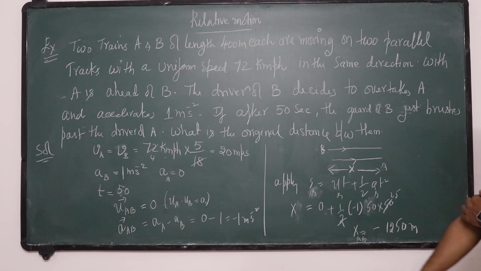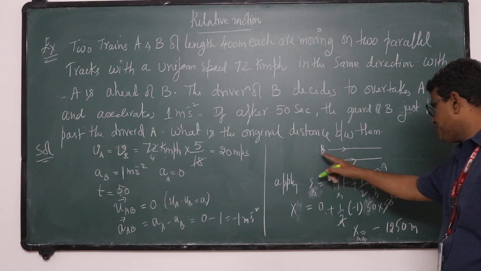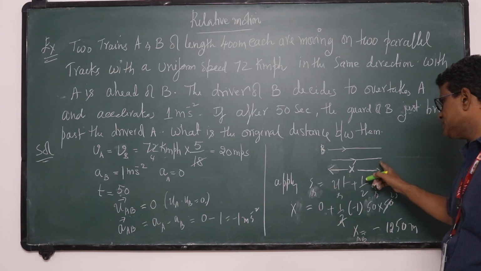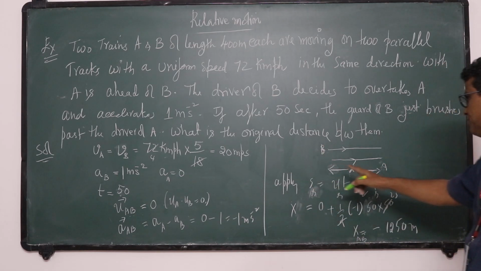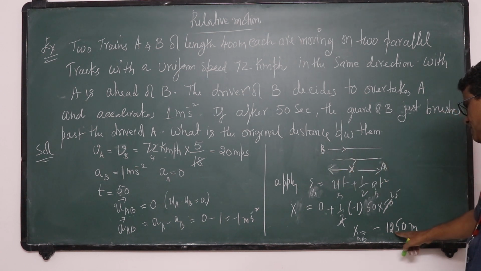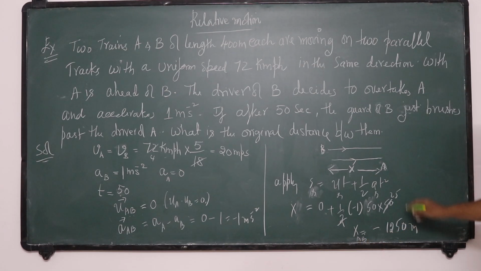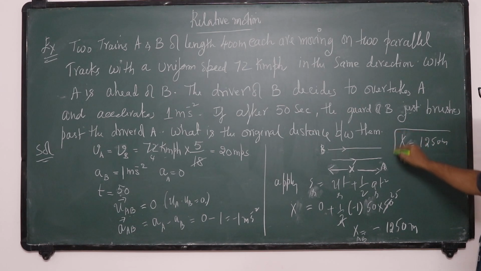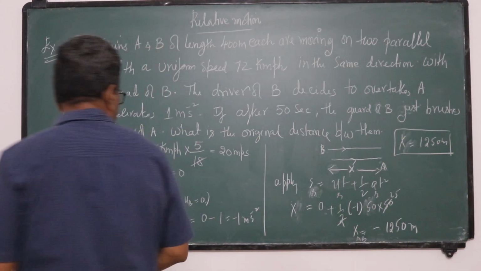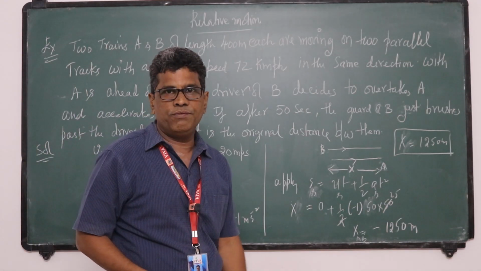The initial separation of A with respect to B is minus, that means B is lagging and A is ahead. So the separation between them is 1250 meters. Initially the two trains are separated by a distance of 1250 meters.